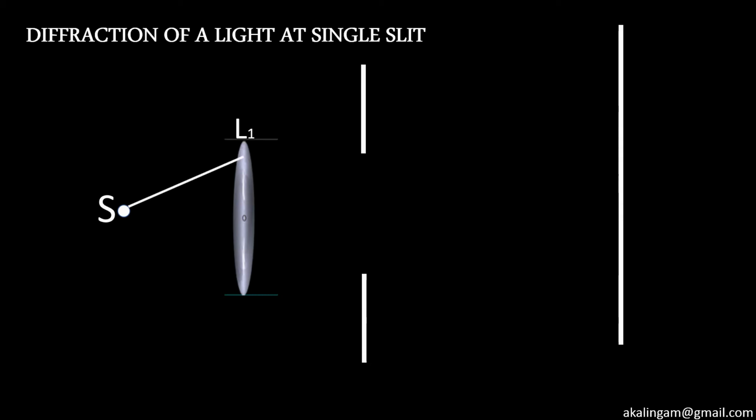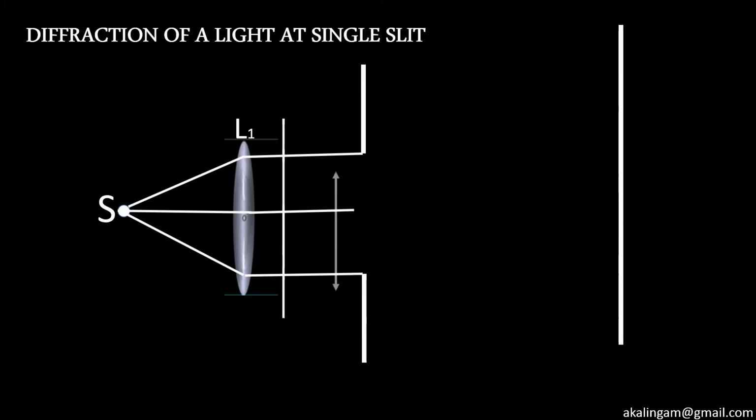The distance between the screen and the source is effectively infinite. L1 is a convex lens where the light coming out in a diverging manner passes through the lens and becomes parallel. The parallel rays, perpendicular, form a wavefront, which here is a plane wavefront, W and W dash.